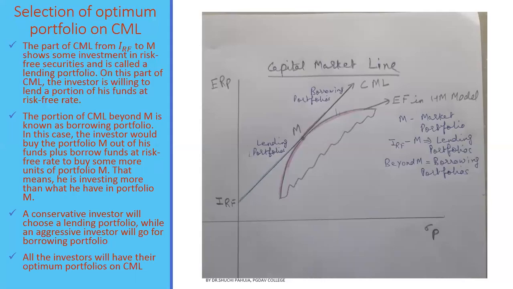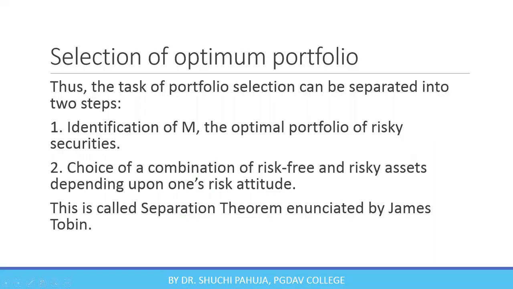This entire process of selection of optimum portfolio, you can divide into two steps. The first step is selection of this portfolio M. This portfolio M consists of only risky investments. So first step is identification of M, the optimum portfolio of risky securities.